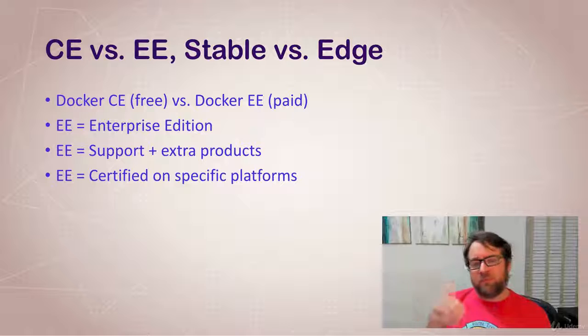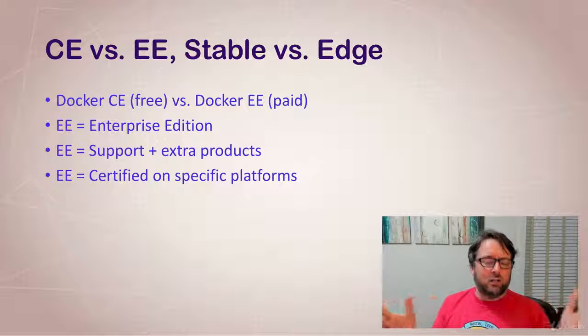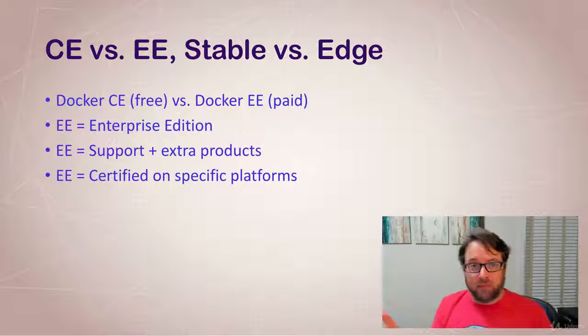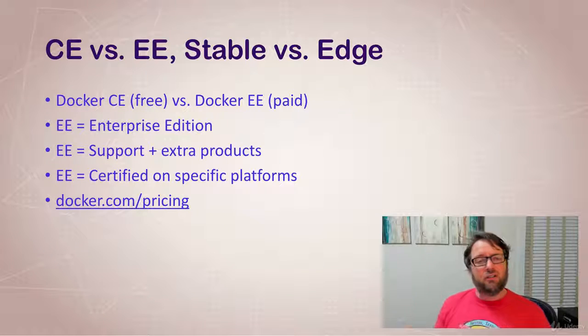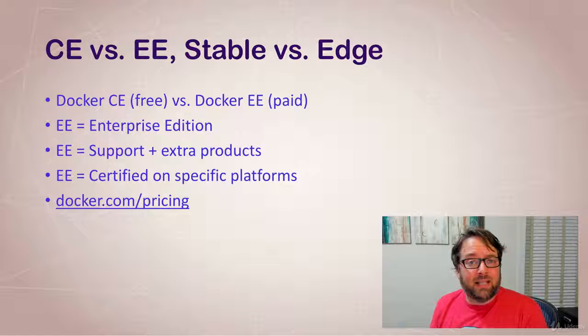So they certify that EE version on specific versions of Linux and Windows, and then the Docker CE has a broader support where they generally test it a little bit on a bigger set of platforms. You'll see all those at the store when you go to download it. If you're curious about the pricing of the Enterprise Edition, you can go to docker.com/pricing. Again, we're not going to discuss a whole lot about that in this course. We will mention it a few times, but you can check that out.